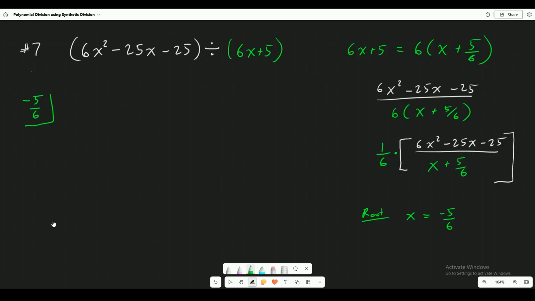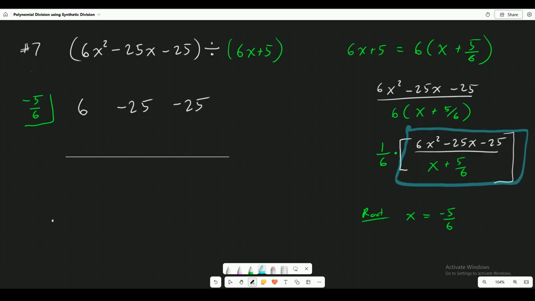So we have 6, minus 25, minus 25. All right, so far so good. This is what we're solving with our synthetic division.